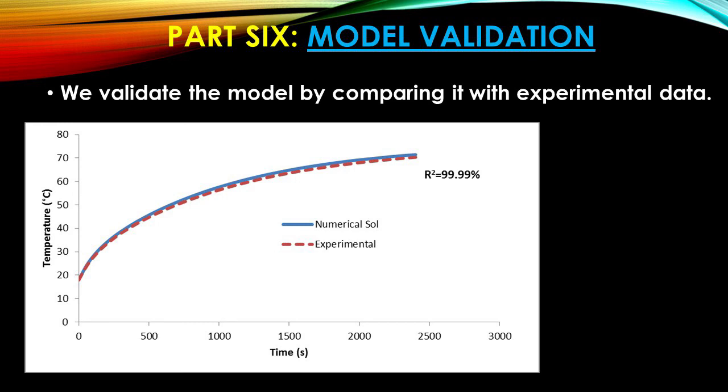Look, I think this is what you were talking about, brother. Your R squared is 99.999%. That tells us the difference is very, very small. Therefore, our model is really good.